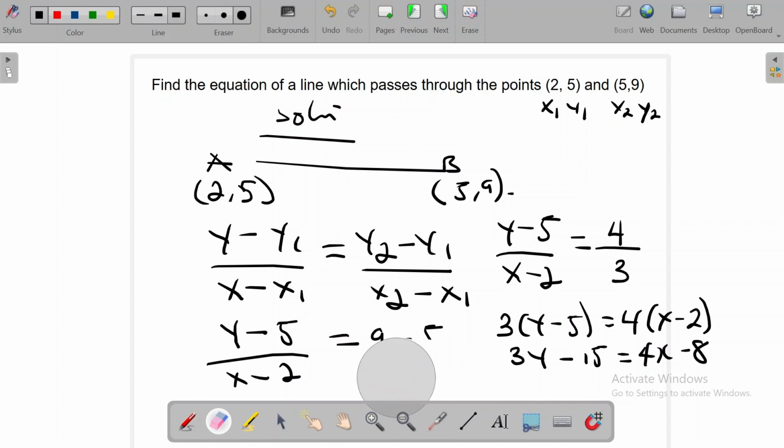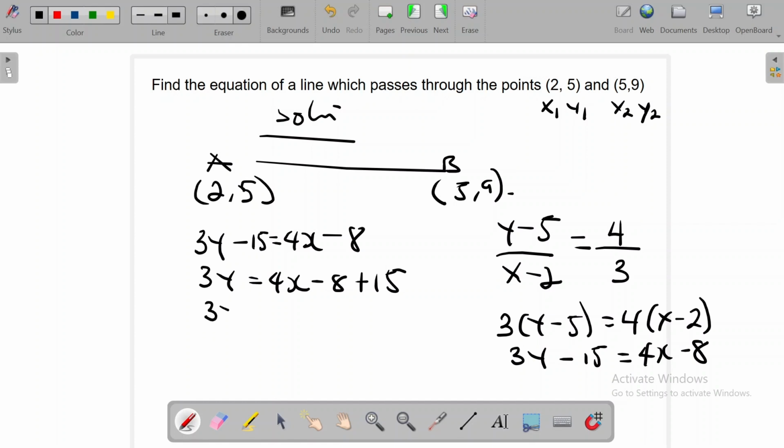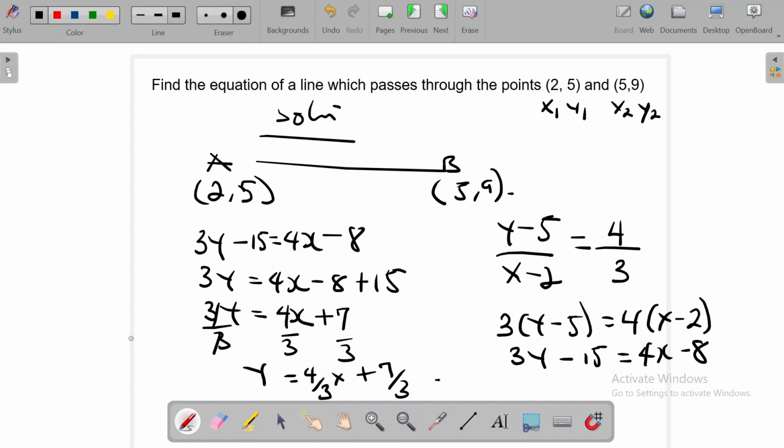This becomes 3y minus 15 is equal to 4x minus 8. Simplifying, 3y is equal to 4x minus 8 plus 15, so you're left with 3y is equal to 4x plus 7. Dividing through by 3, your y is equal to 4/3 x plus 7/3.